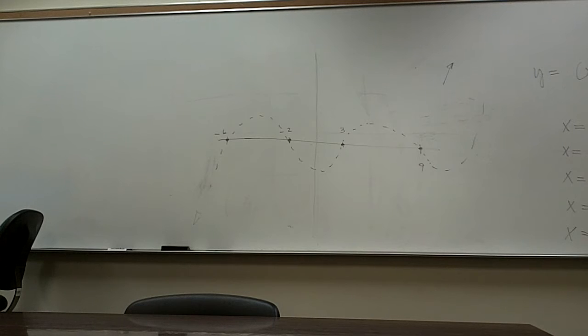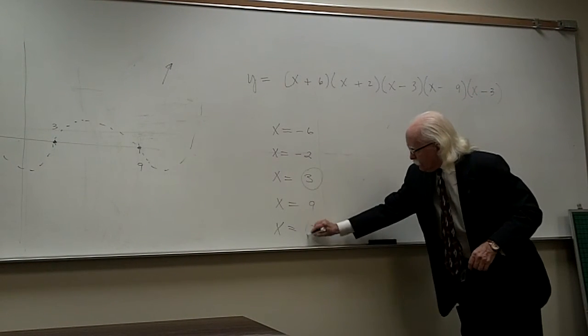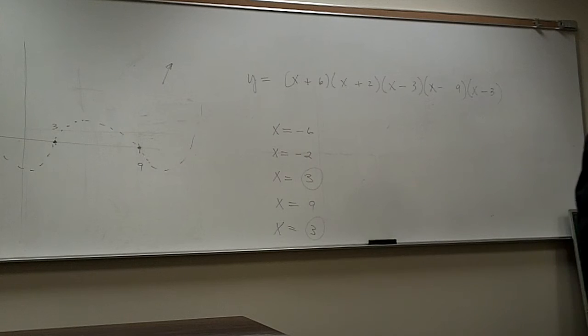So we run into a problem, right? So what do we do to resolve it? We have to go back and say, listen to me. This is super, super important. This solution set right there is called a solution set of odd or even multiplicity.